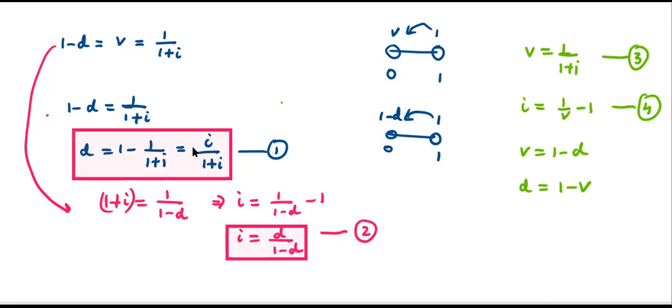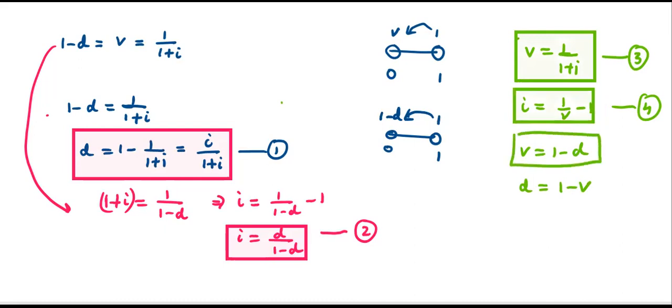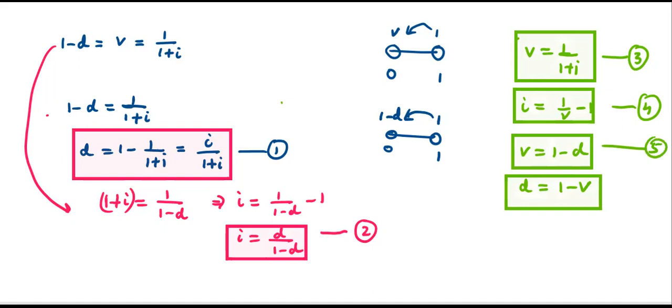Between I and V, we have relation. So all relations are there. We'll write in the form of a table along with delta, which we'll discuss in the next class. This is 5, 6.